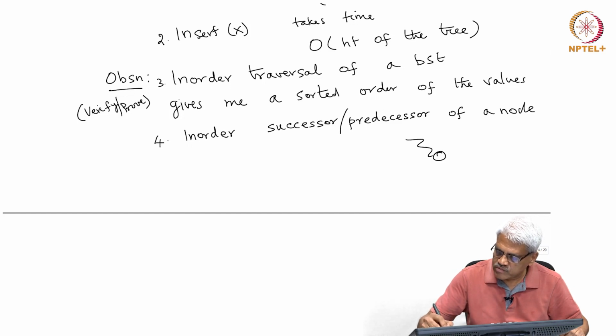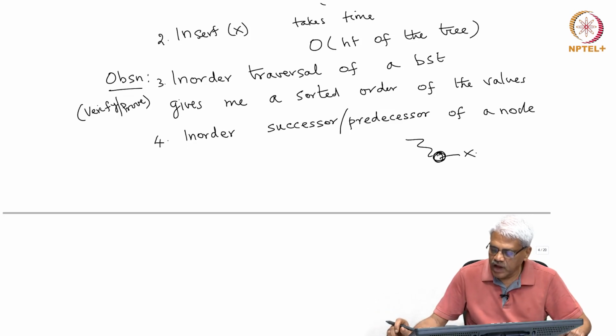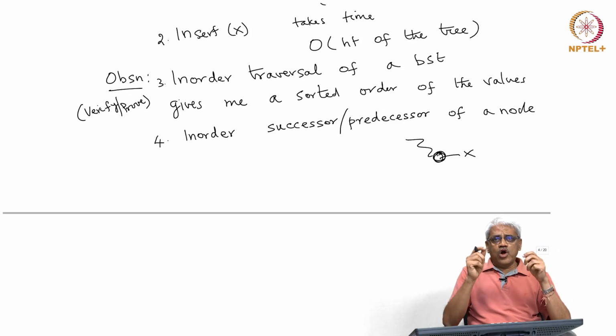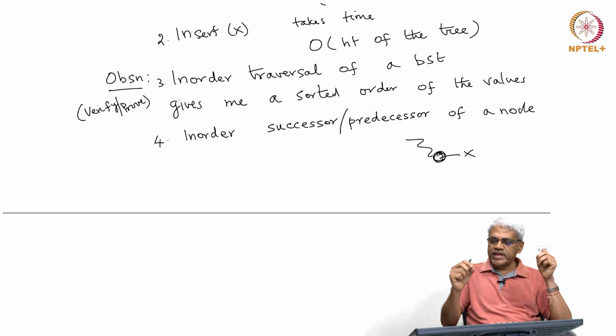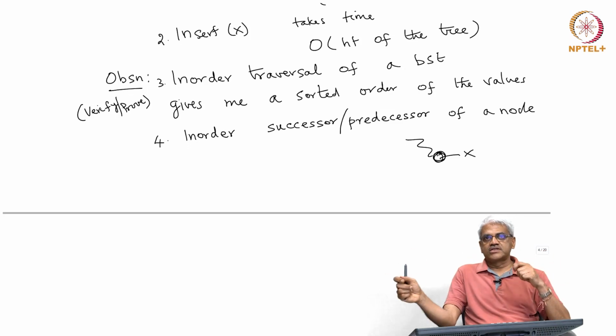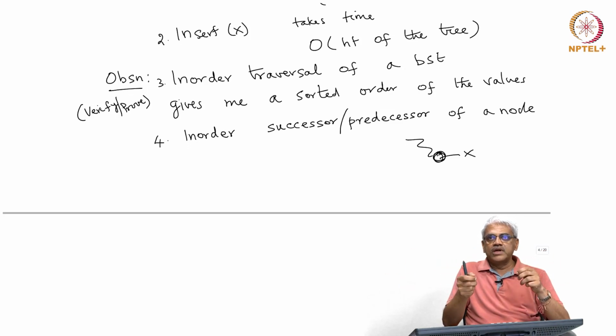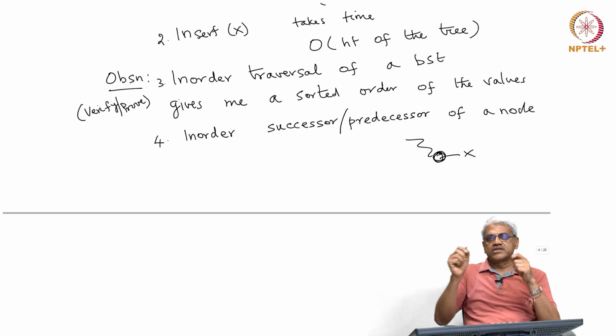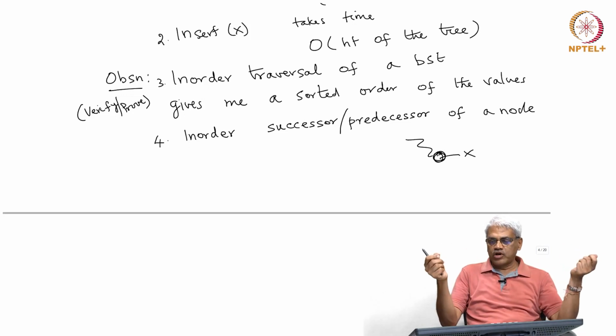I am at this node, which gives me some value x. I want to know the in-order successor, meaning the element whose value is immediately larger than x. And the value immediately before x is the in-order predecessor. So in the sorted order, who comes after x is the in-order successor, and who comes before x is the in-order predecessor.